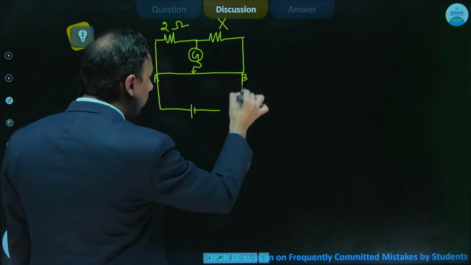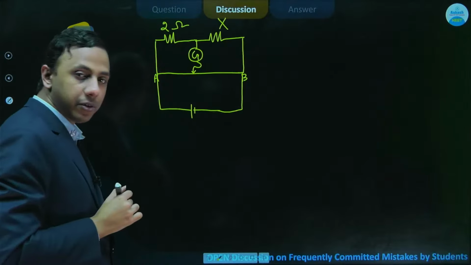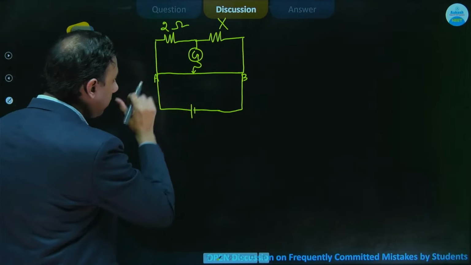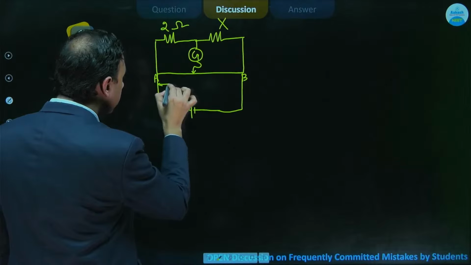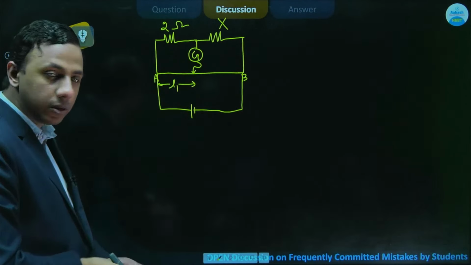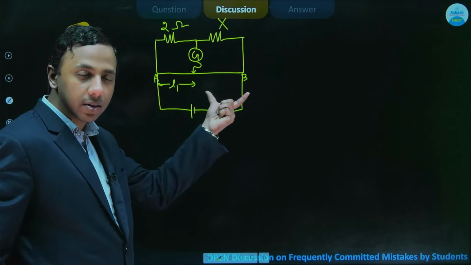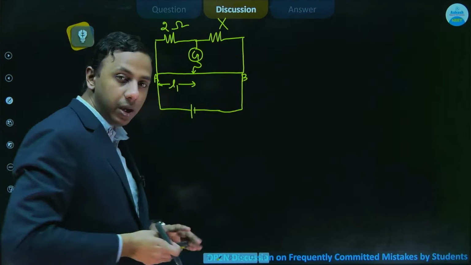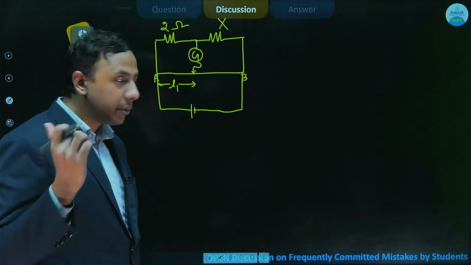This is your balancing length L1, or you can call it L, then this will become 100 minus L, because the total length AB is 1 meter, because it's a meter bridge.